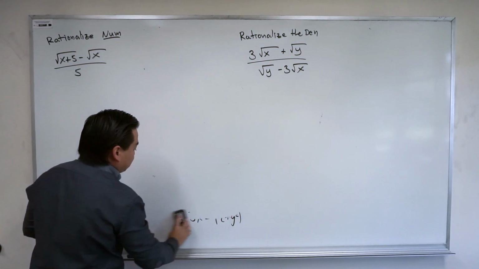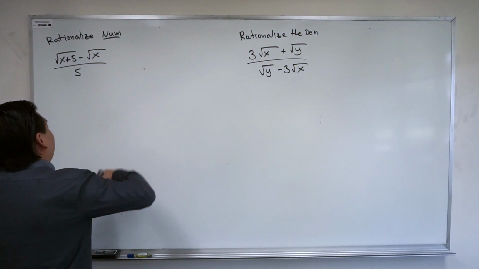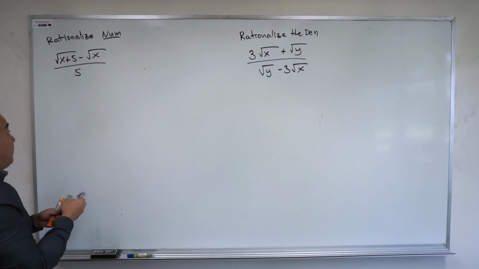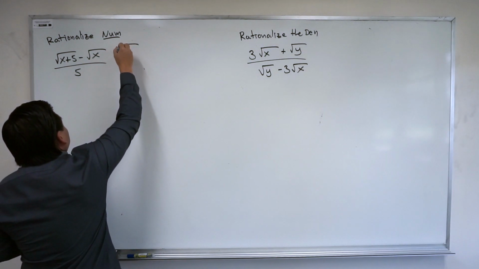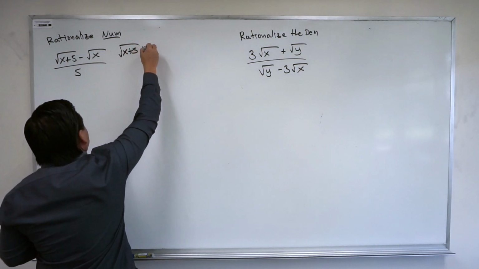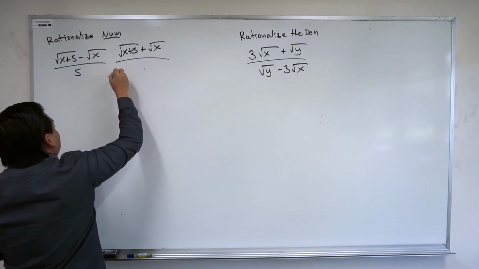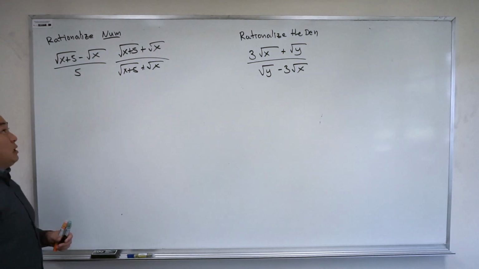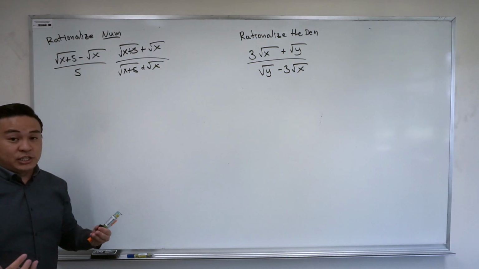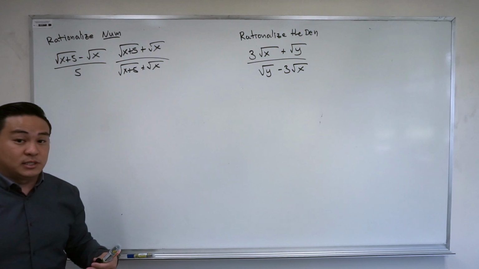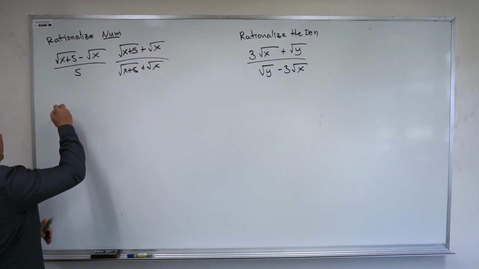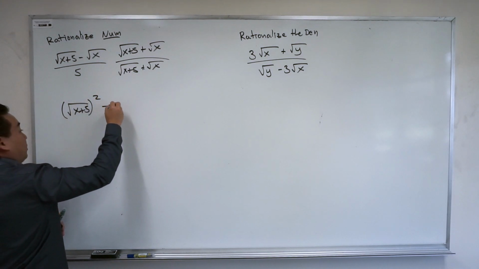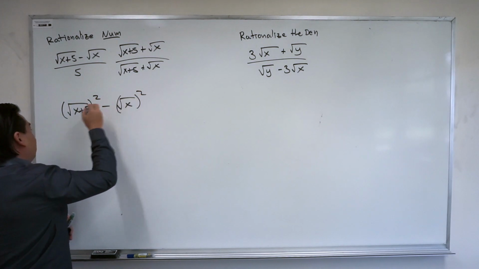So on the top, we want to rationalize the numerator. So to rationalize it, we need to find the conjugate of that. So x plus 5 plus square root of x. Anything I do to the top, I also do to the bottom. And because we know that this conjugate multiplication turns into a difference of squares, we can automatically write it as the first one squared minus the second one squared.